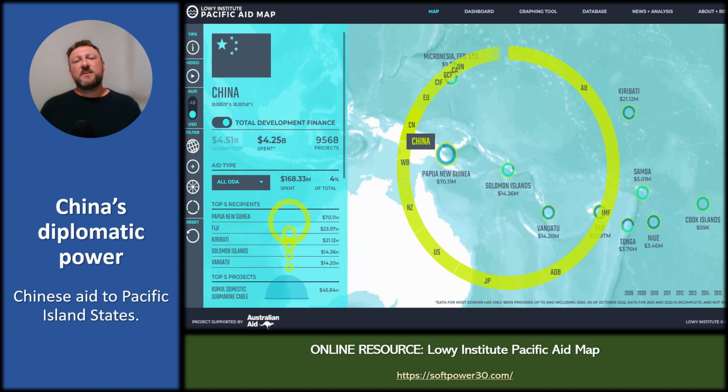Here, I recommend the Lowy Institute's Pacific Aid Map, which provides interactive data at both country and local levels with site-specific information about aid donors across the Pacific. This includes state donors as well as private and NGO donors. And it's a great resource for evaluating China's aid footprint in the region, as well as comparing its influence with that of other states.